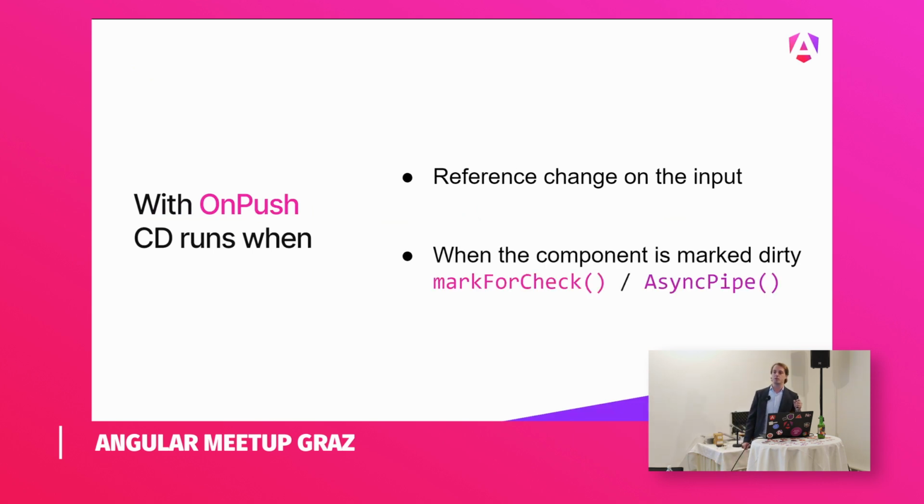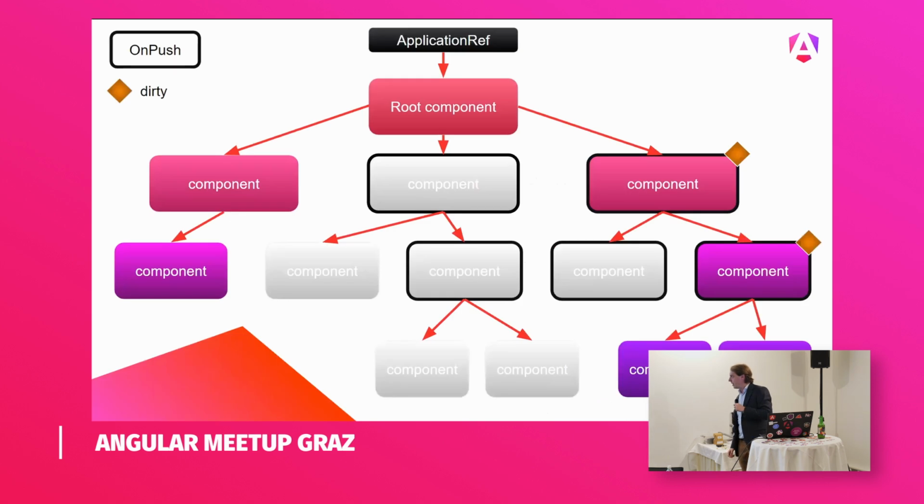And the second one is when you call markForCheck, and that's exactly what the async pipe does. So when you use OnPush, you get better performance, but you need to determine when your application will be change detected.